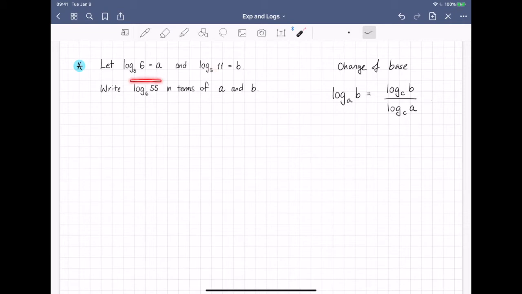So if you're going to use this expression, and you need to change it, maybe you should change it to log base 5, right? Because you know what those are. So that's my hint, and try that out. And again, the answer will be at the very end of the video.